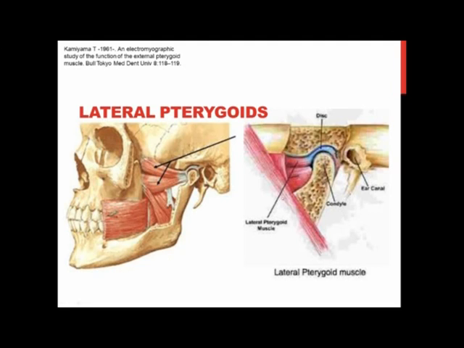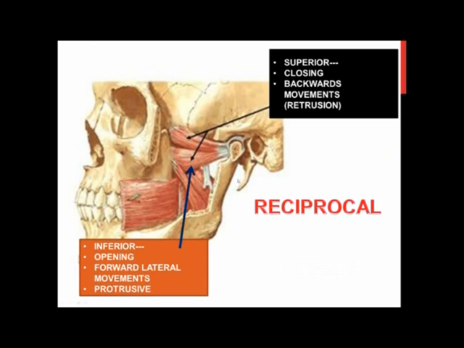In 1961, and probably the reports date back prior to this, Kamiyama is generally credited with talking about what's called the reciprocal function of the two heads of the lateral pterygoid muscles. Reciprocal means movement in opposite directions.